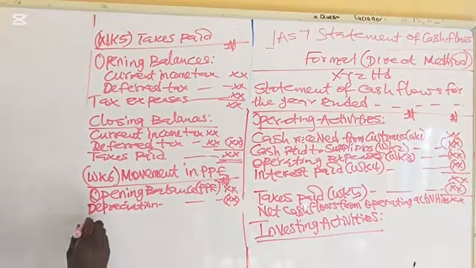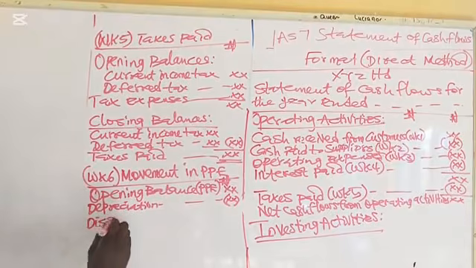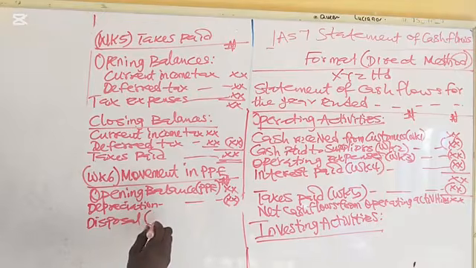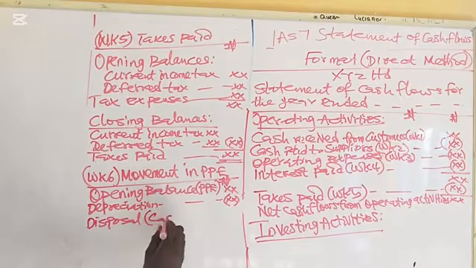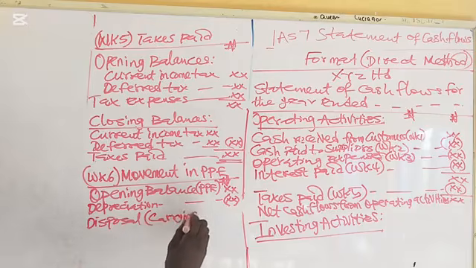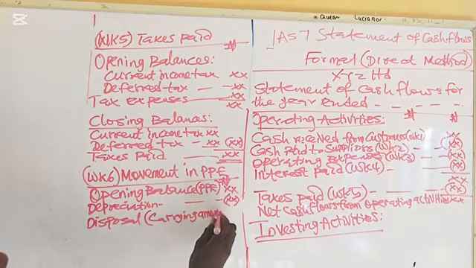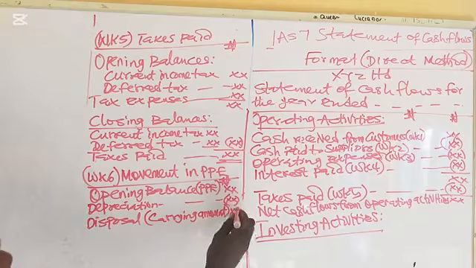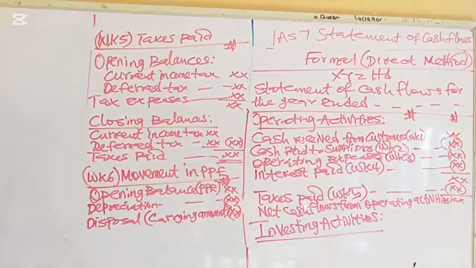Then we could have disposal. What will happen to PPE where there is disposal? It reduces it. The disposal here is at carrying amount. The carrying amount is cost less accumulated depreciation. That is what to be used here.